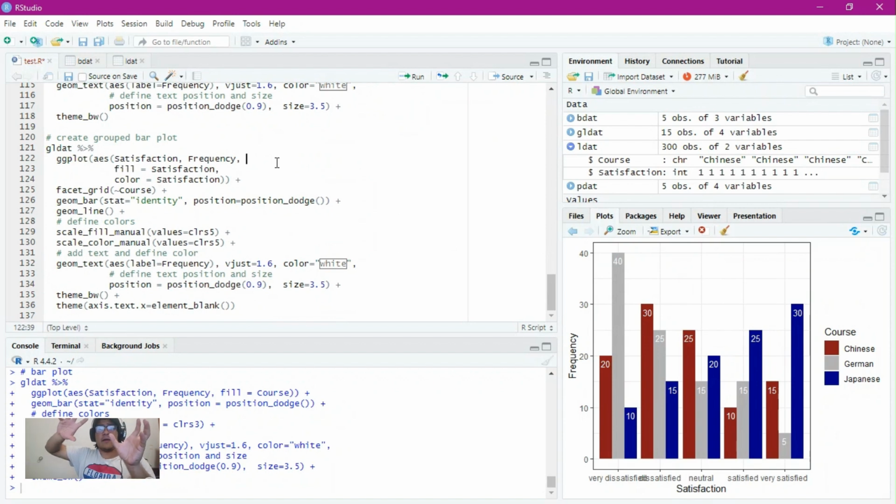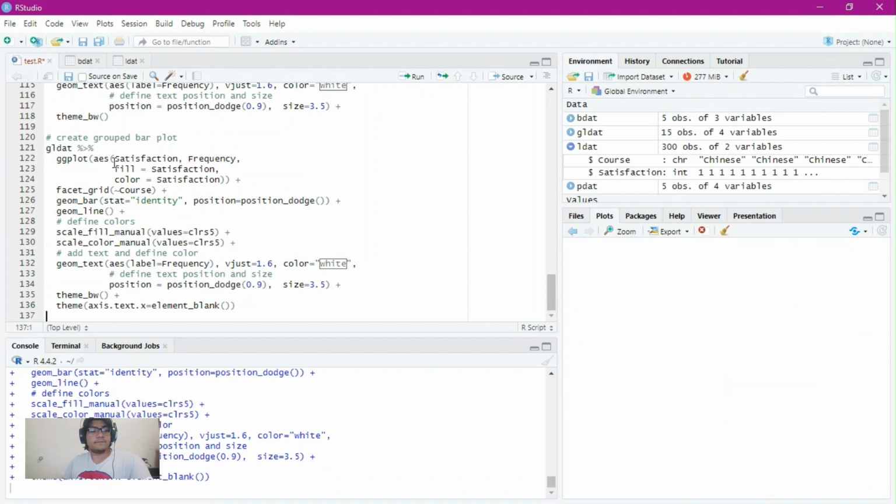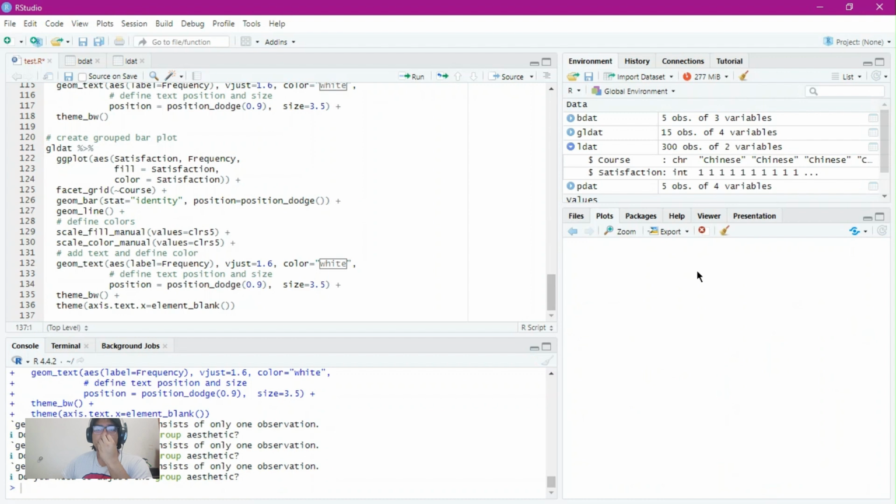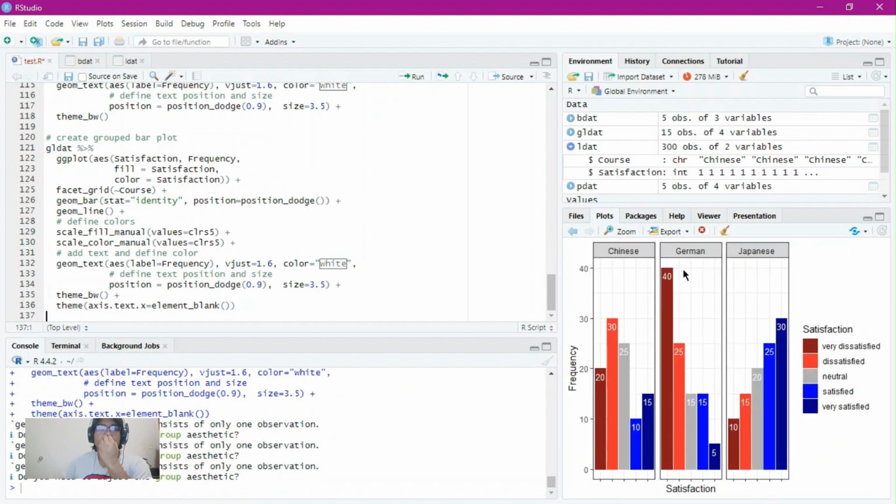We have different scores like Chinese, German, and Japanese, and we can separate all of them by the level of satisfaction depending on the course, like this graphic. In this way, we have the course Chinese, German, Japanese, the frequency, and the satisfaction in a more understandable graphic.